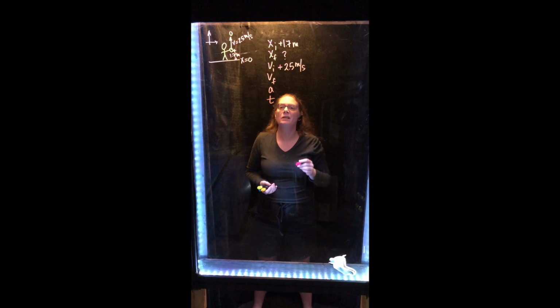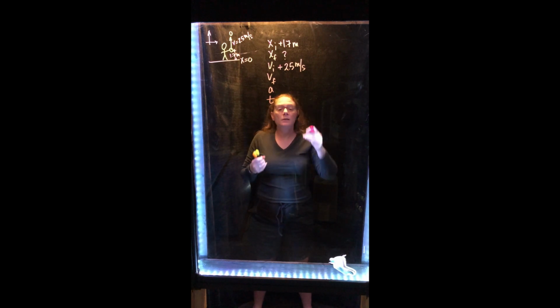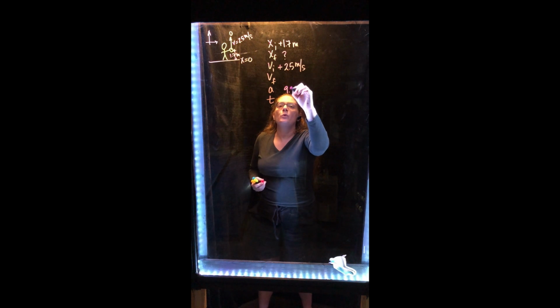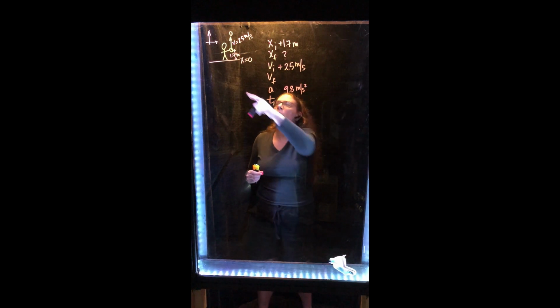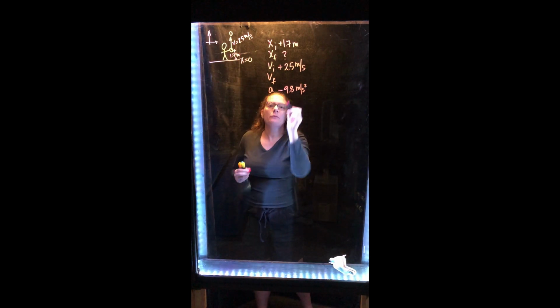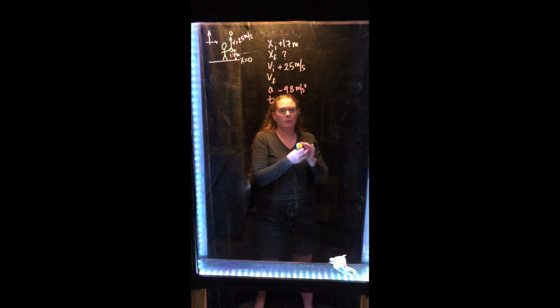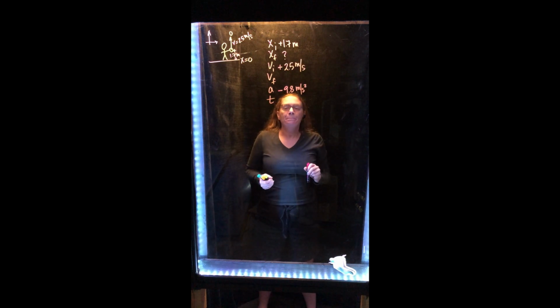I don't think so. All right, so acceleration, and this is in free fall, which means the acceleration is the acceleration due to gravity, 9.8 meters per second squared. Again, direction, direction, direction. It's downward, so downward is negative. Do we know anything about time? I have no clue how long it takes to go from here to here. That's what we're looking for.